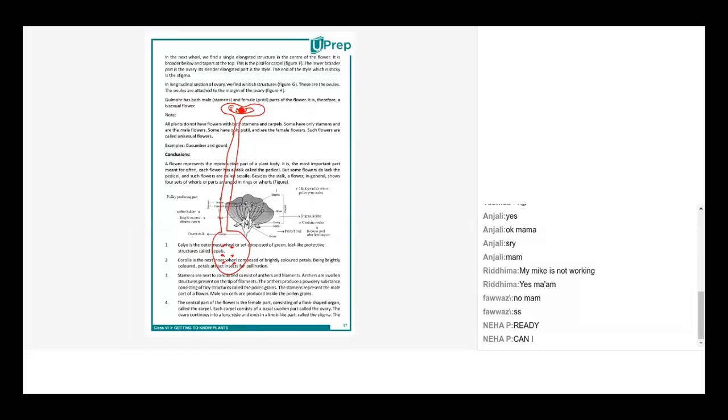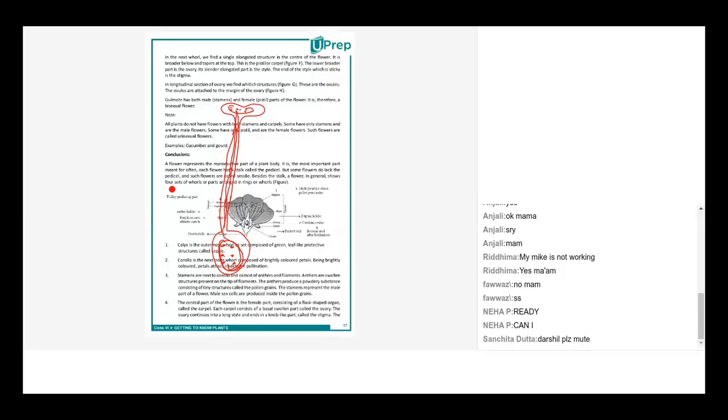Then after a few hours, the pollen grain will grow a small tail-like projection, known as a pollen tube. After a few more hours, the pollen tube will grow in size, slowly and slowly, until it reaches the ovary.